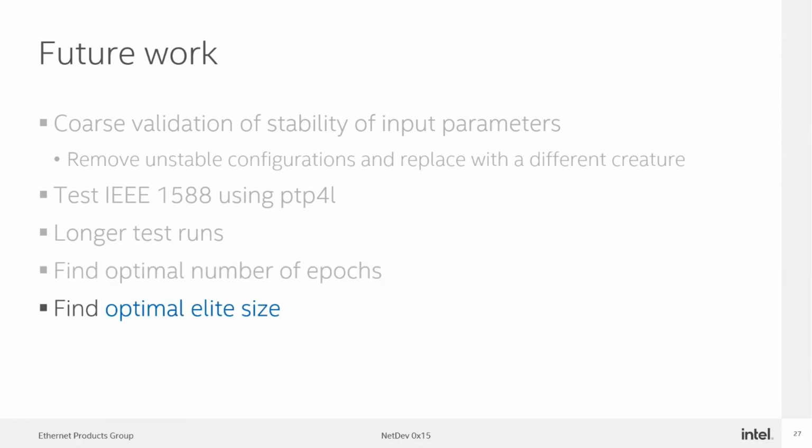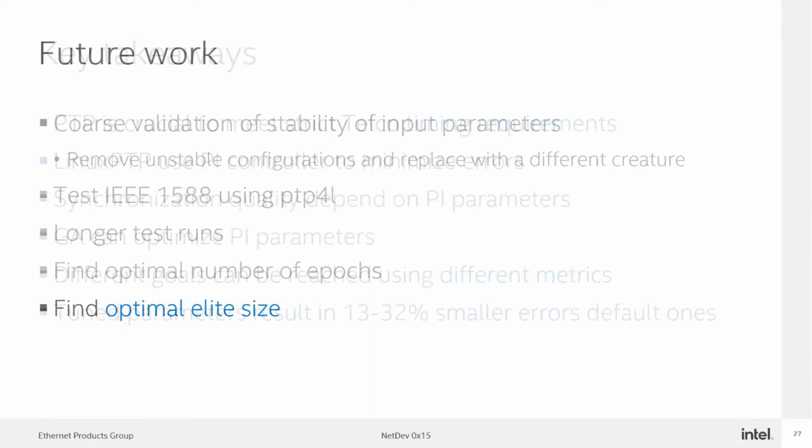And also we want to find an optimal elite size to make sure that we pick the right number of best results to use for generating next creatures and next generations.